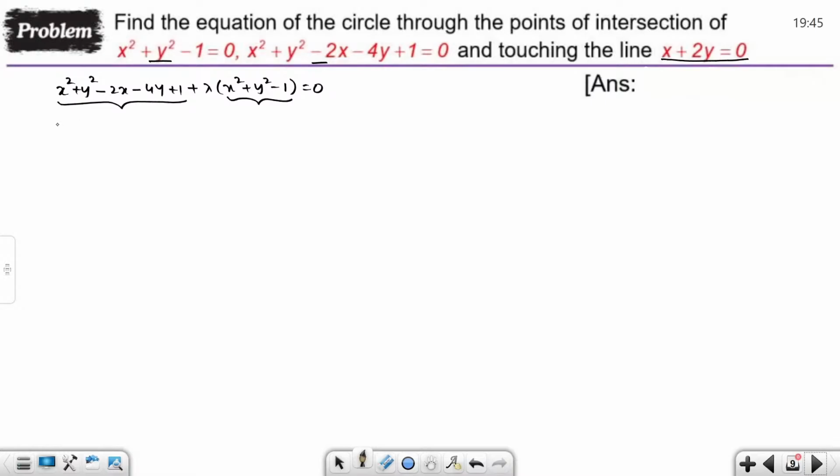So whenever you write the family of circles in this way, you always first write it this way and then simplify it to its general form. First you write down that family of circles and then you convert that into the general form. So it will give you something like this. Let me just simplify a little bit.